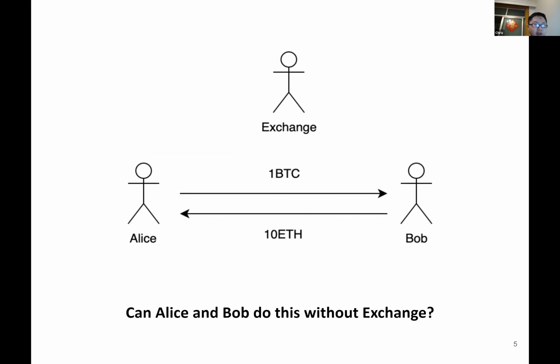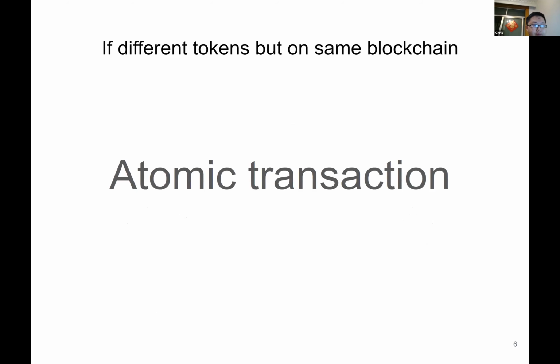We can in fact use a hash-time lock contract, HTLC, to overcome this problem. A hash-time lock contract can enable two parties to exchange their own cryptocurrency atomically, which means the transaction will either both succeed or both fail.